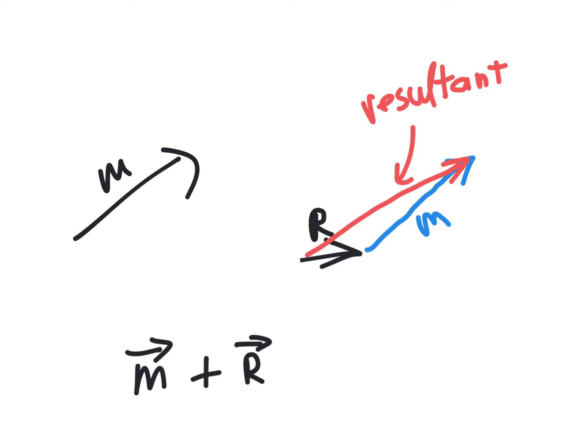Now, could I have added R and M the other way? Yeah. I could have made the R vector, which was this, and I'd like you to note that those two resultants, the red ones, are they the same length? And are they in the same direction?